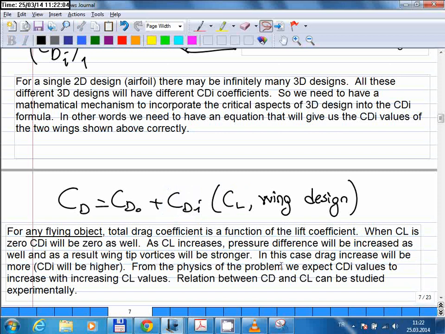From the physics of the problem, we expect induced drag values to increase with increasing CL values. So when CL is 0, CDI is 0 as well. If CL is 0.1, then CDI should be something positive. If CL is greater, then CDI should be getting larger. That's what we expect considering the physics of the problem.